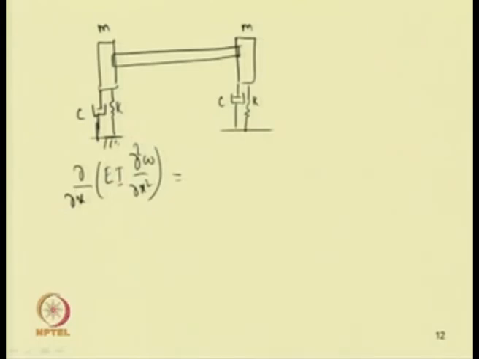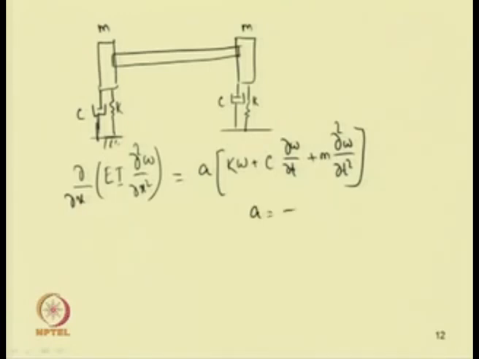So, this will be equal to A times (K W plus C ∂W/∂t plus M ∂²W/∂t²). Here A equals minus 1 for the left end and equals plus 1 for the right end.